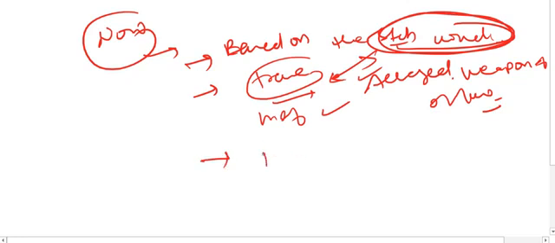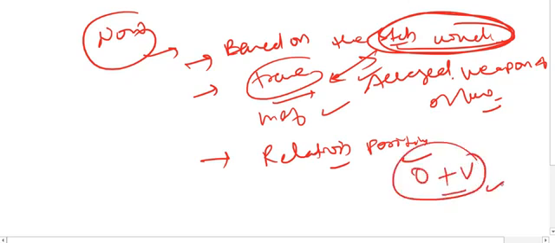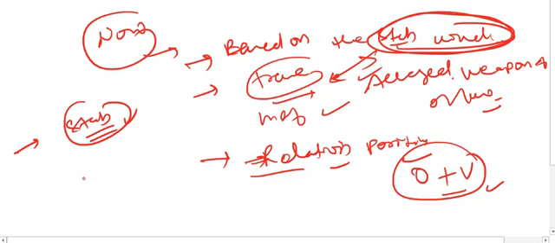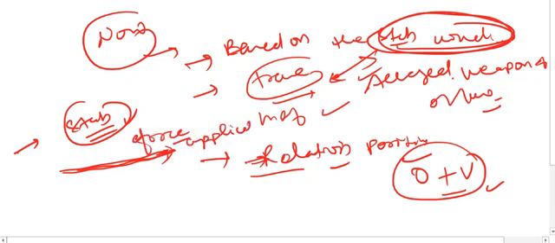Then we can decide the relative position between the offender and the victim. So it is helpful in solving crime. Then stab wounds are important in deciding the direction of the weapon and the direction of force applied on the body.